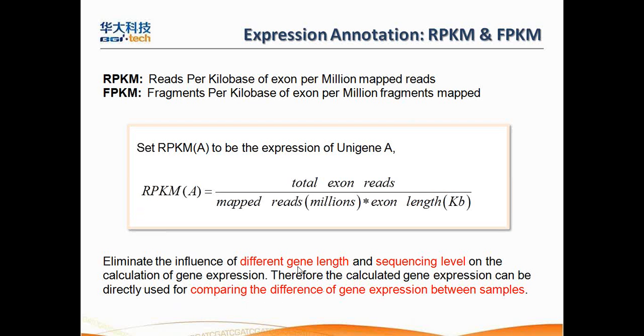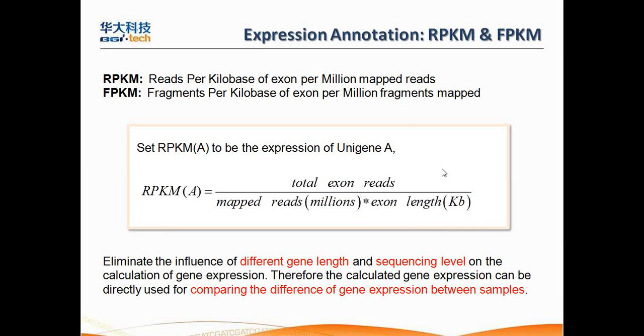So this kind of formula eliminates the influence of different gene lengths, because the mapped read number is divided by the gene length, and also eliminates the influence of the sequencing level, because this is the parameter that represents the sequencing data, the sequencing level, and this is the parameter that represents the different gene length.